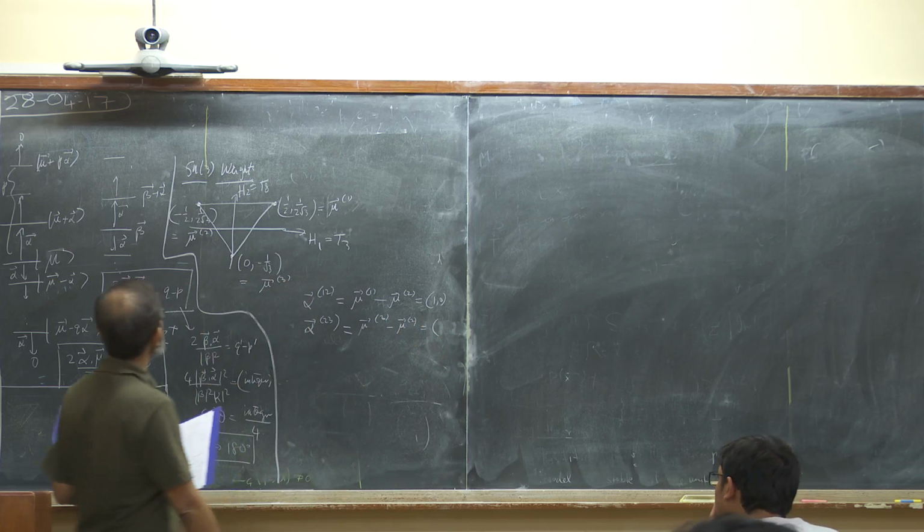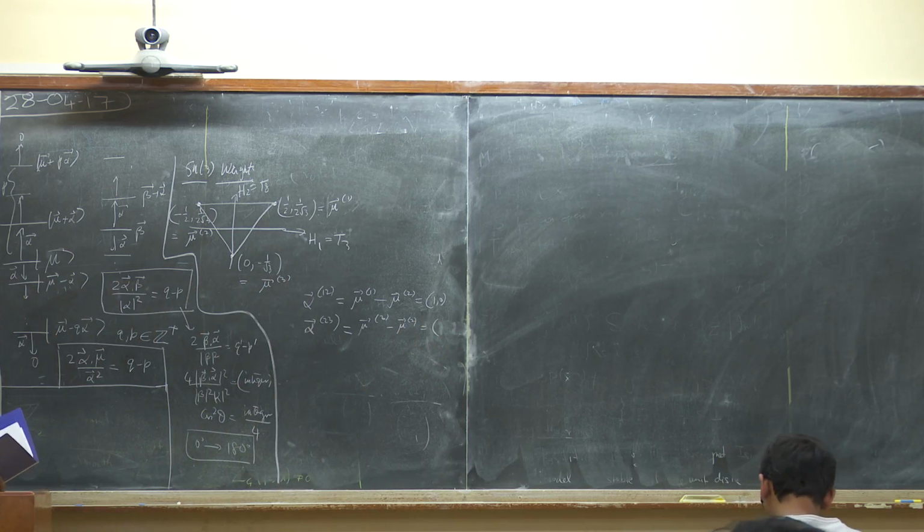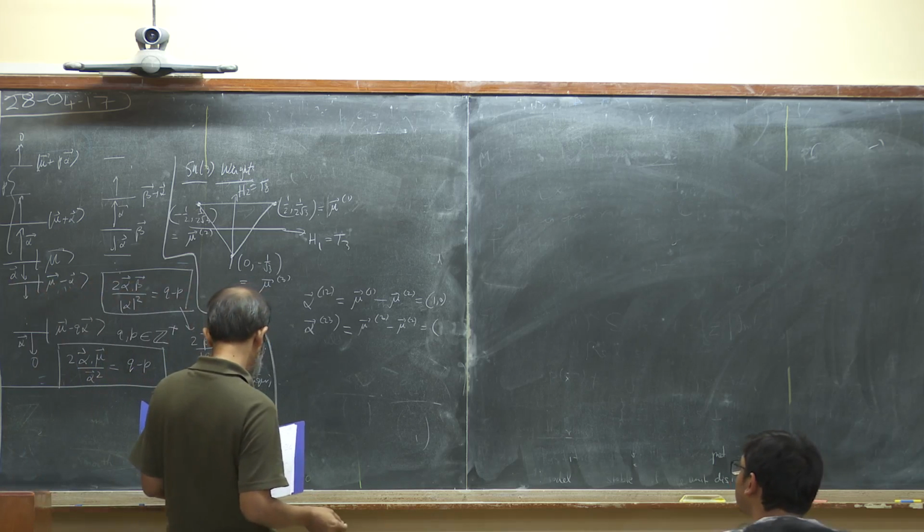Can somebody tell me what this is? I'm too lazy to do that. If alpha 1 2 is mu 1 minus mu 2, why is it mu 3 minus mu 2? Oh, it should be called 3 2, excuse me.